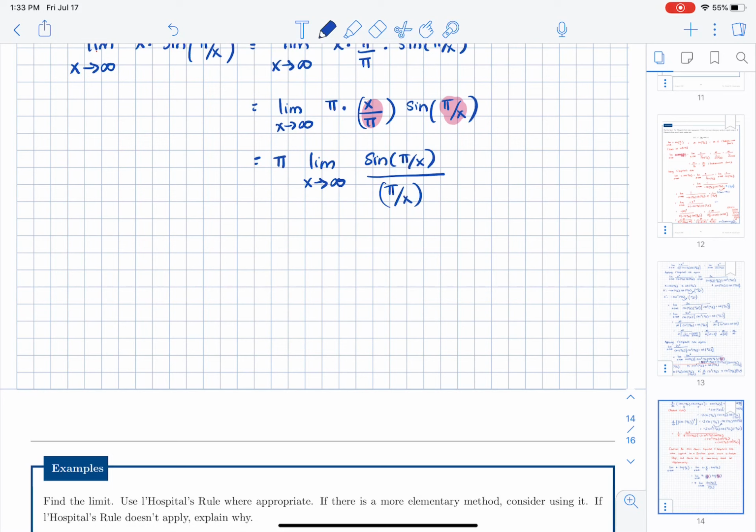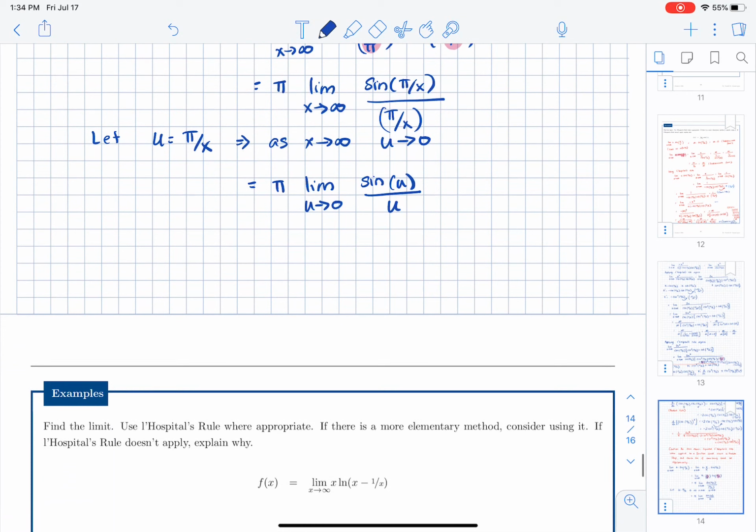You can apply the limit right here, but it could result in trouble again. So what I'm going to do is another algebraic trick. Let u equal pi over x. This would mean as x approaches infinity, u must approach 0, because we have pi over infinity, which is 0. So I can rewrite the expression as pi times sine u over u.